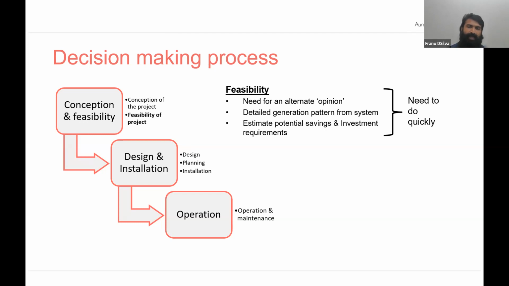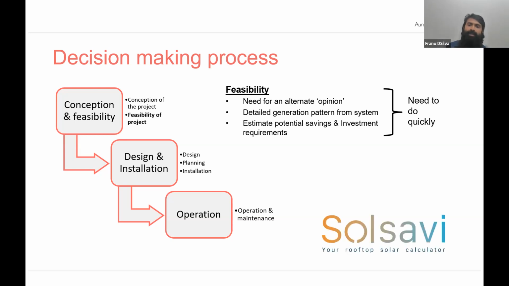While this is done by an experienced engineer, usually this would require an alternate opinion to have a comparison, which would also require a detailed generation pattern from the assumed or estimated solar capacity, the potential savings and the investment requirements that will be needed to install this rooftop solar system. And additionally, these have to be done quickly.